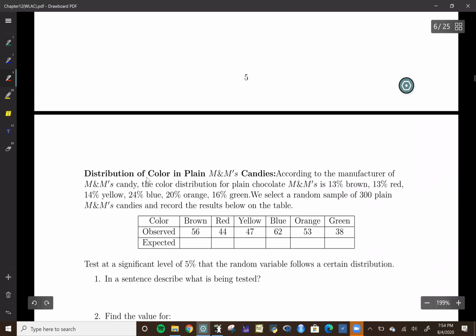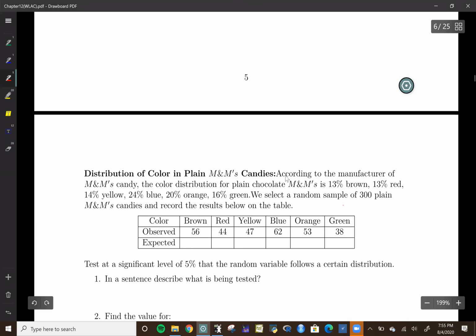For this one, the problem is about M&M. We're going to test to see if the distribution that the manufacturer M&M gave us follows what we actually got when we open up several bags of M&M, because we had 300 M&M.